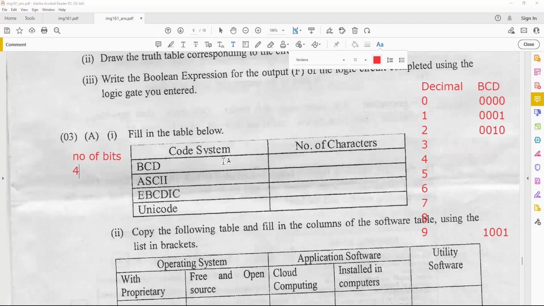The question asks how many characters you can represent in this coding system. I told you 0 to 9, how many characters?